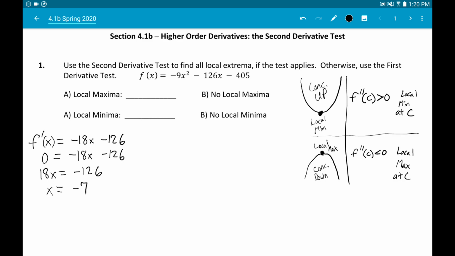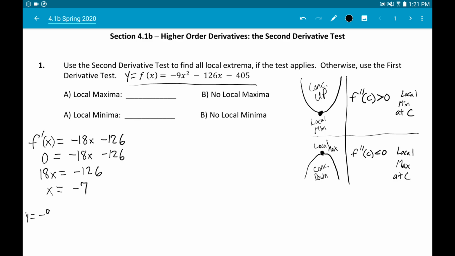Remember in 3.4 when we first learned about local max and min, we also had to get the y values. So we might as well go ahead and calculate y since we have x now. Remember, y is going to come from the original function. So take that negative 7, plug it in here, and you can get your y value.